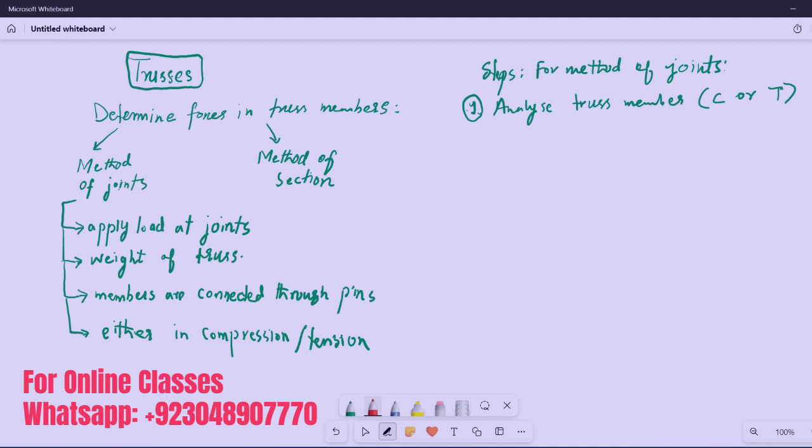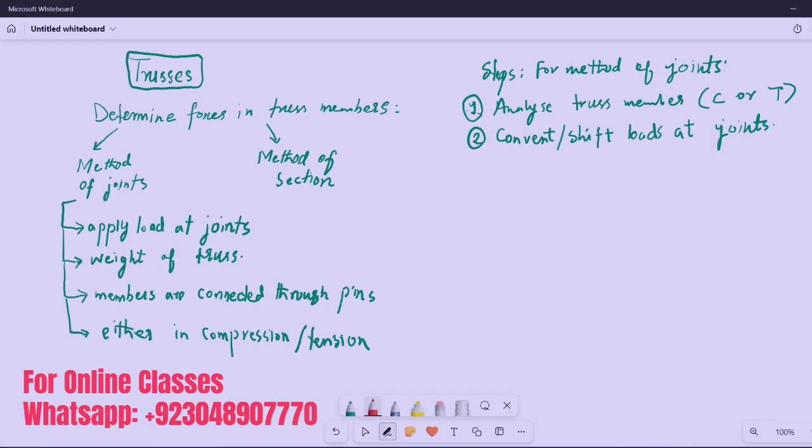Once you have analyzed the trusses, you need to convert the loads or shift the loads to the joints. In some of the questions, you will see the load is already shifted to the joints, and in that case you don't have to shift it.